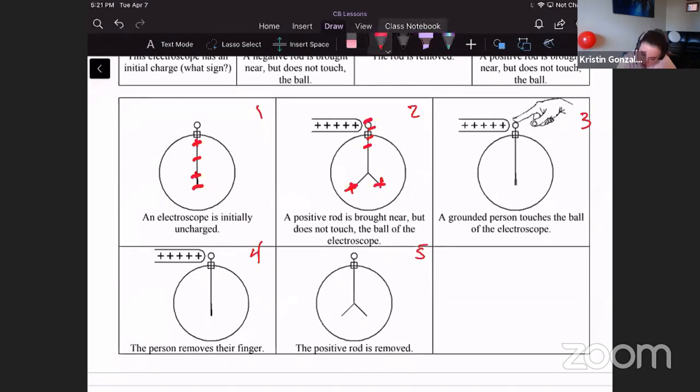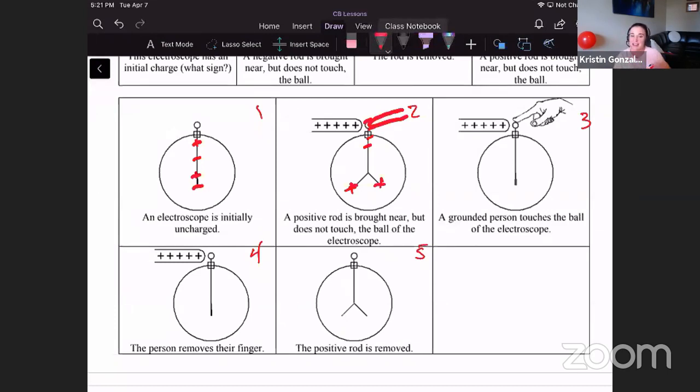But in this next step, if I introduce my finger, let's use this diagram. If I touch the top of that, now I'm giving a path for the electrons. Electrons can either flow into or out of it. If I have a positively charged rod close to it, what do you think wants to happen? Do you think the electrons want to leave? Well, no, they like being close to the positively charged rod.